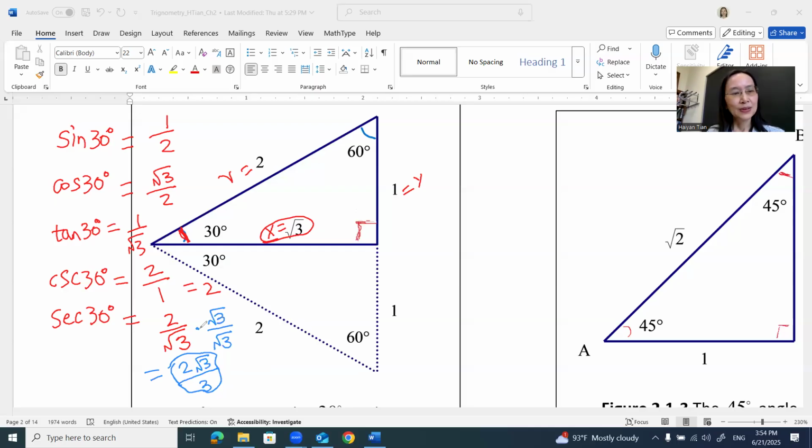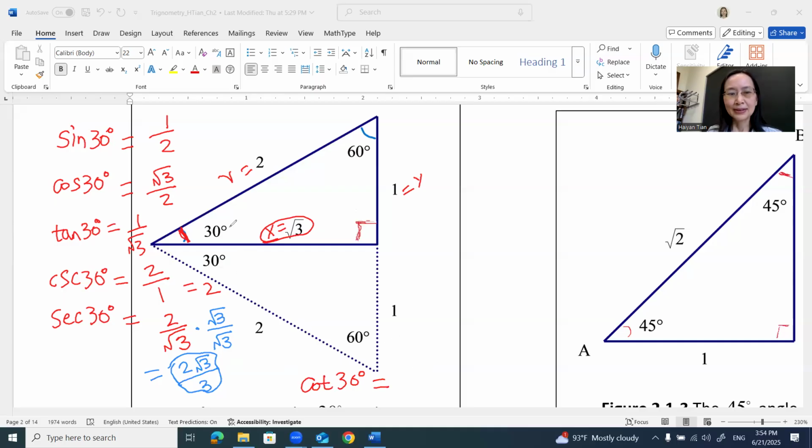One more value: cotangent at the 30-degree angle. I'm going to write cotangent 30 degrees is equal to x over y.